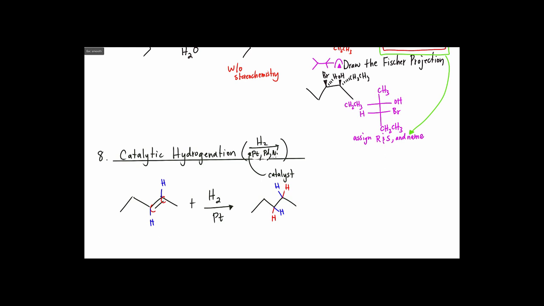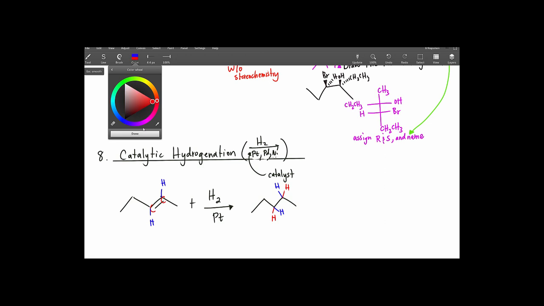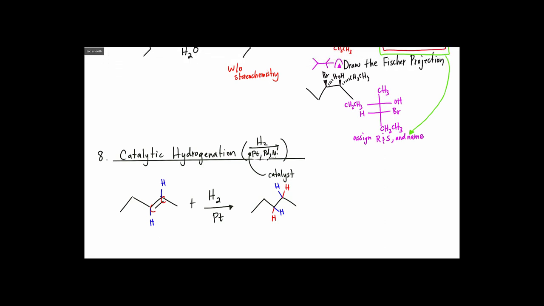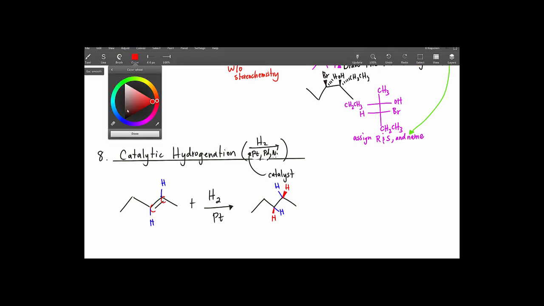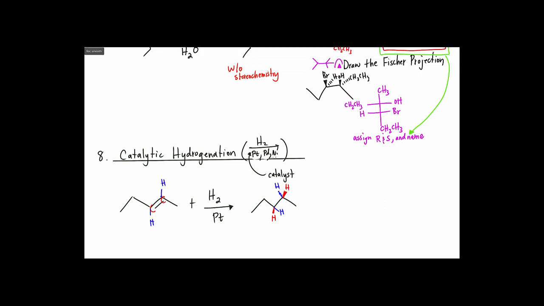Now, there is stereochemistry with this in that both of the hydrogens are going to project in the same direction. So if I put a wedge on that one that was added, they're going to project in the same direction. Okay.